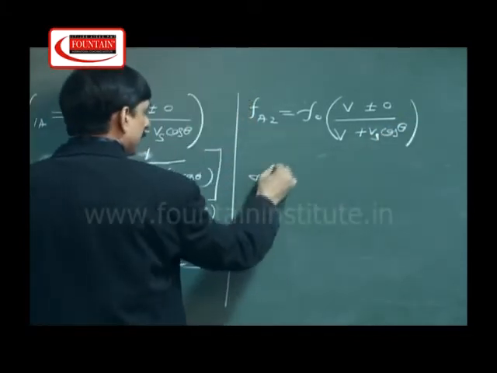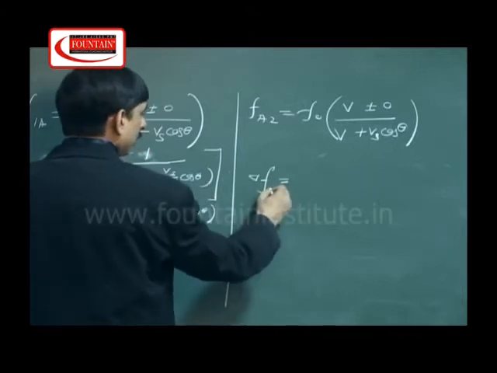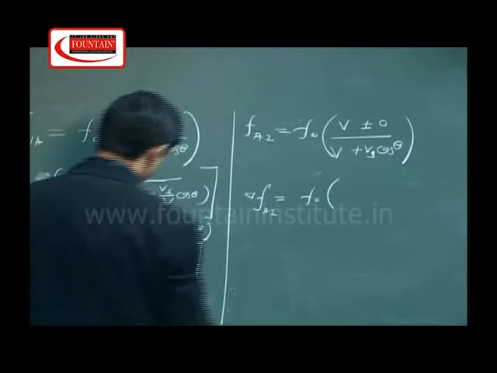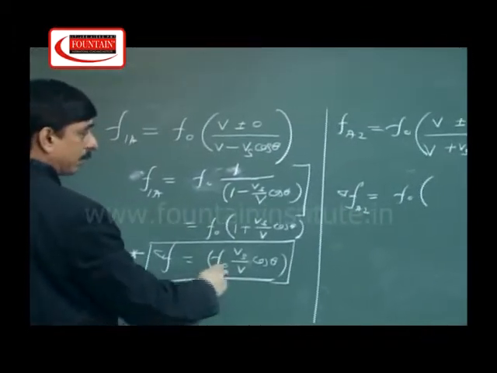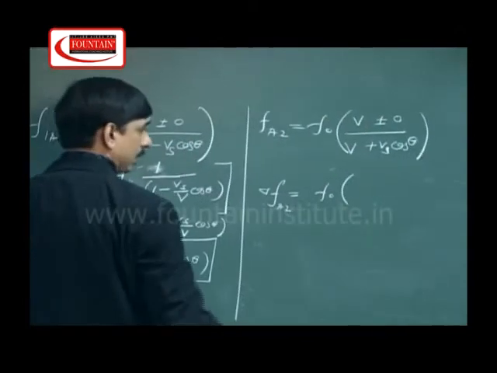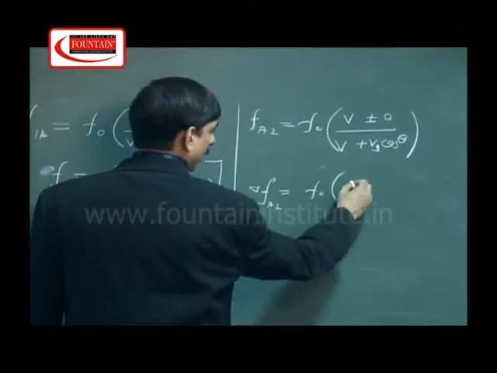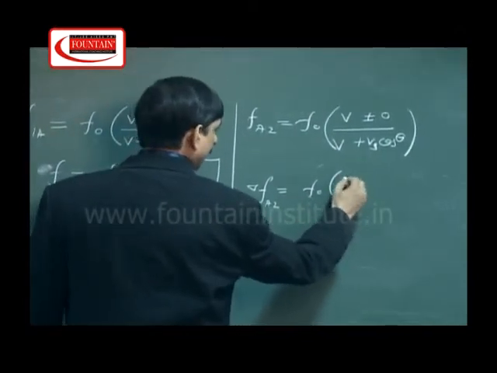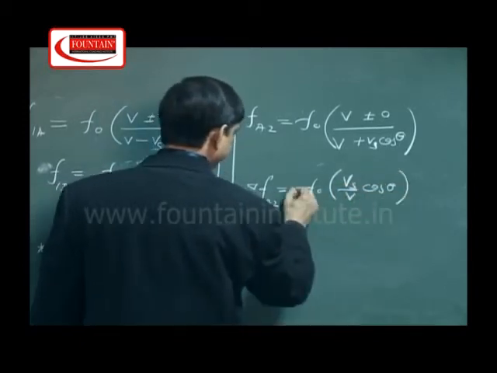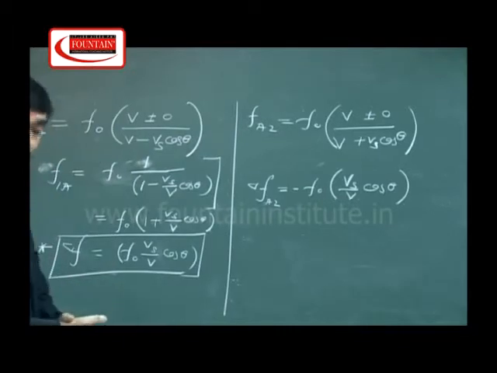So using the same binomial analysis from A to 2, you get the equation f0. In this situation it will be only minus, because this part will come as a minus. By using the binomial we will get f0 into 1 minus vs by v cos theta. That is less you are getting.